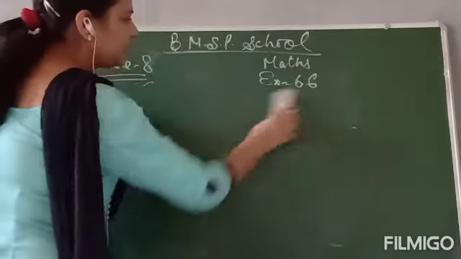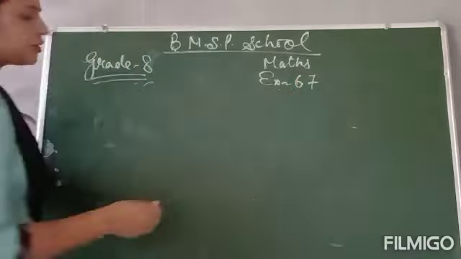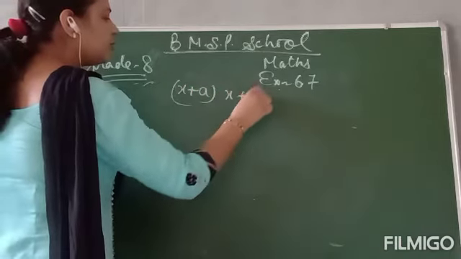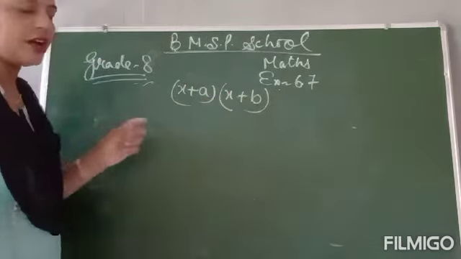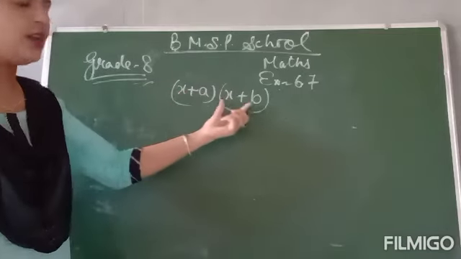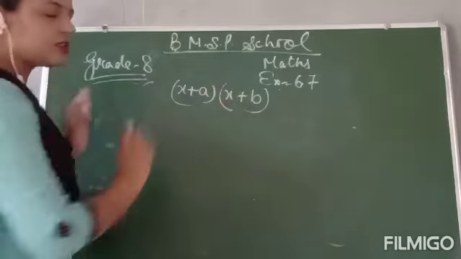exercise 6.7. In 6.7 only one formula is here, that is related to (x plus a)(x plus b). Earlier we have done where both terms are the same, (a plus b) square. But in this, the first term is the same, the second term is not the same.